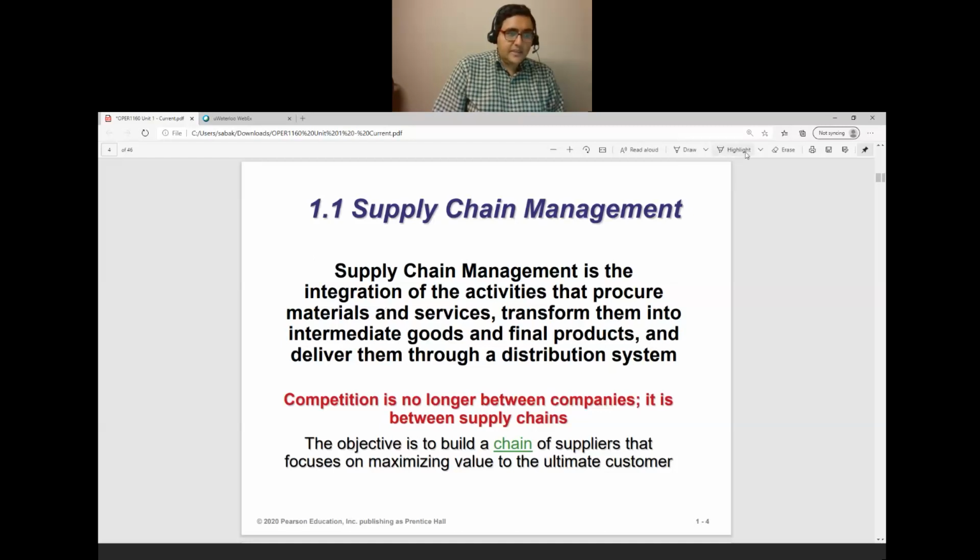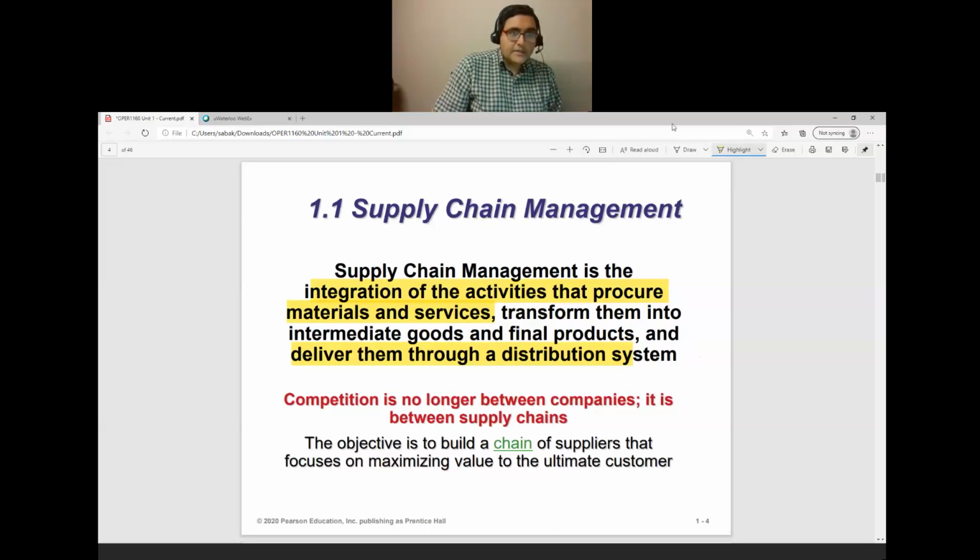It is basically the integration of all the activities that help to procure materials and services and help to transform them into different goods and services, also helping you to deliver them through a distribution system. Let me explain what it looks like. Operations management can be considered as a subset of your supply chain management.